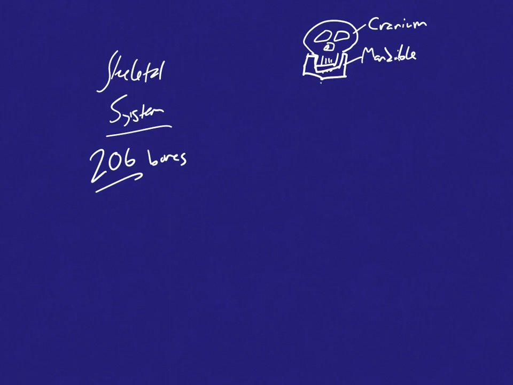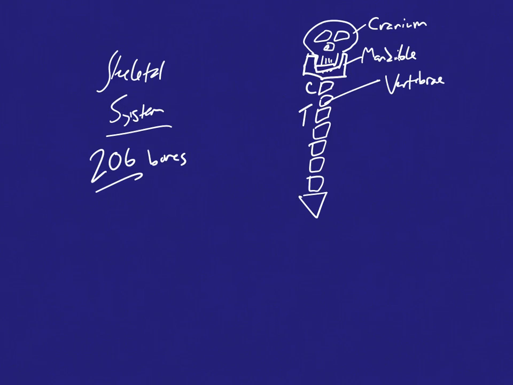Now, this is going to get ugly because I'm going to be layering right on top of other things. But then you're going to have vertebrae, the backbones. So your spinal column is formed of a number of vertebrae. These vertebrae, when they're in your neck, are called cervical. Then you've got thoracic vertebrae, a little lower than that.